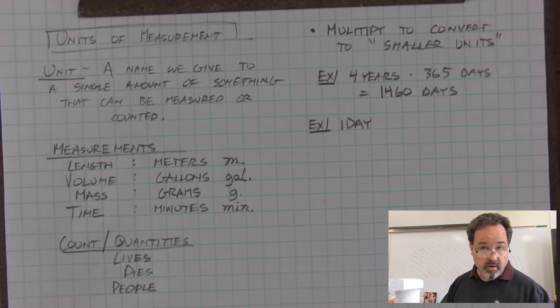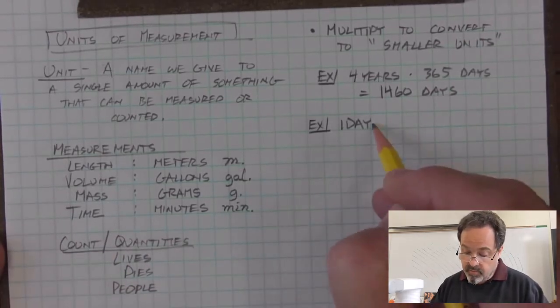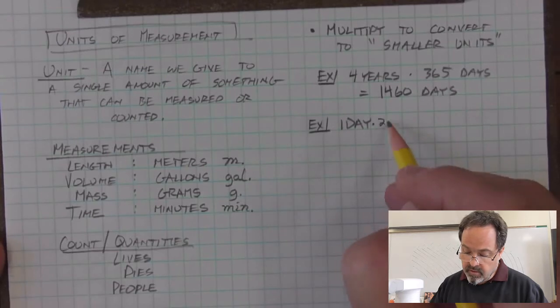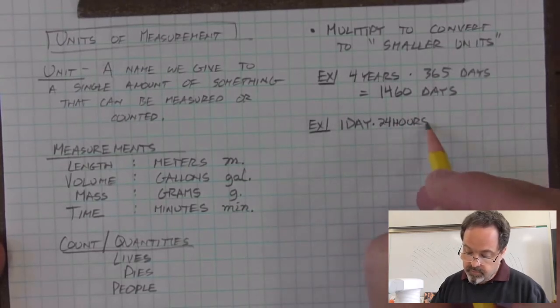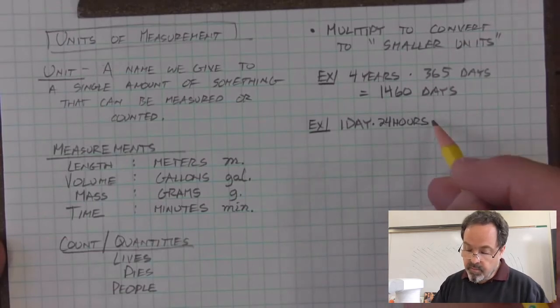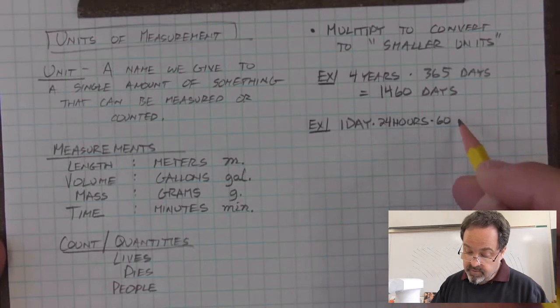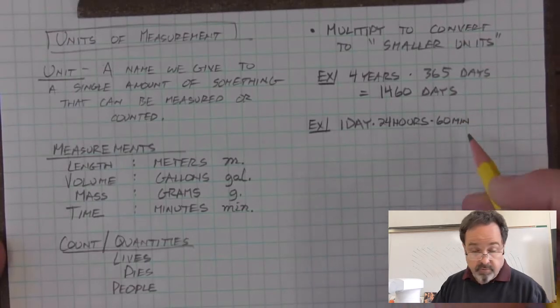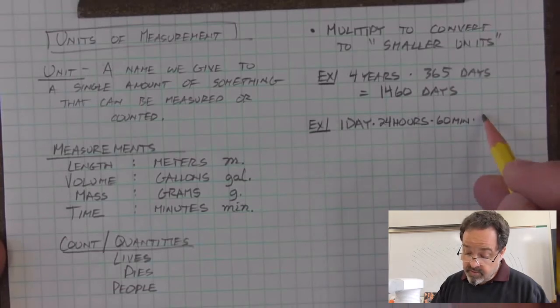We're going to convert the 1 day into hours, and then the hours into minutes, and then the minutes into seconds. So we're going to take that 1 day and multiply by the number of hours in a day to convert it to hours. And then we're going to multiply by the number of minutes in an hour, that's 60, to convert it to minutes. And then multiply by the number of seconds in a minute to convert it to seconds.